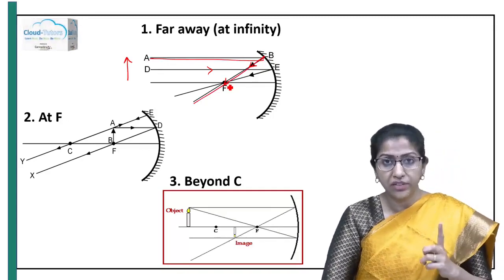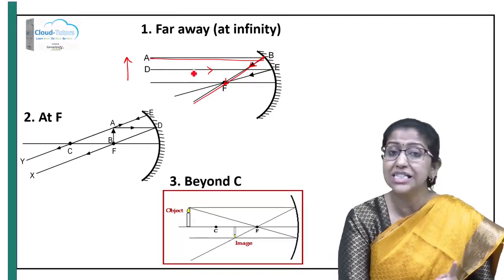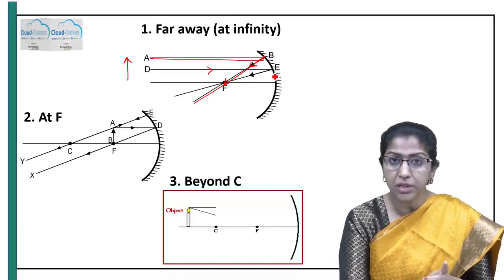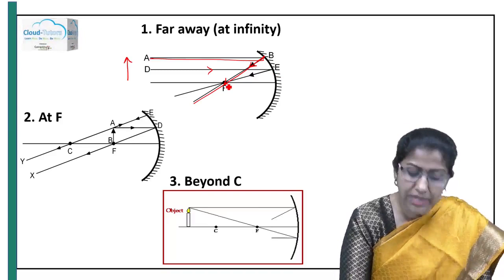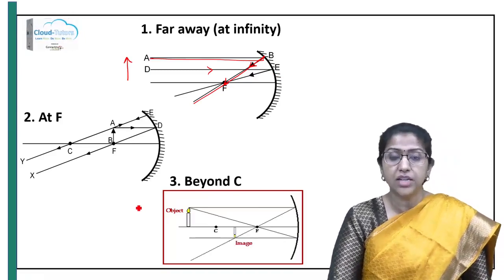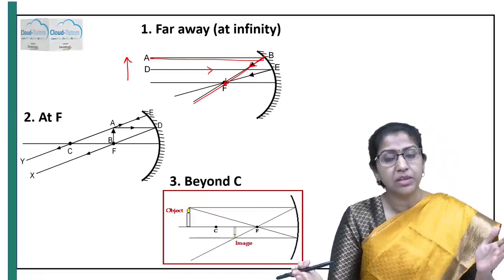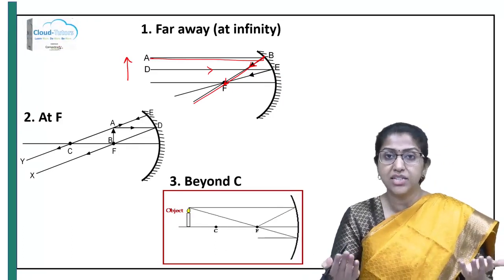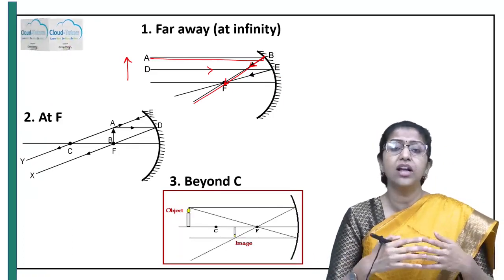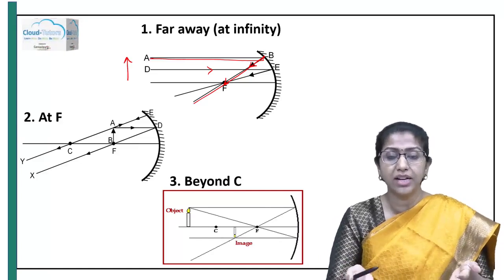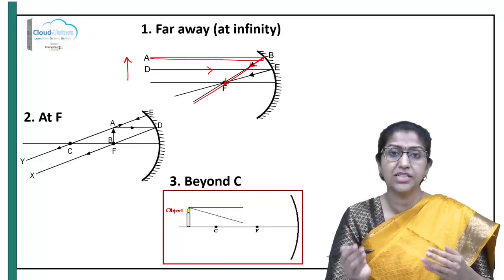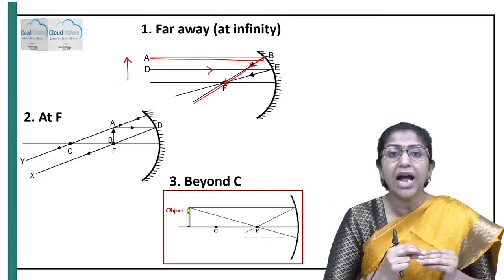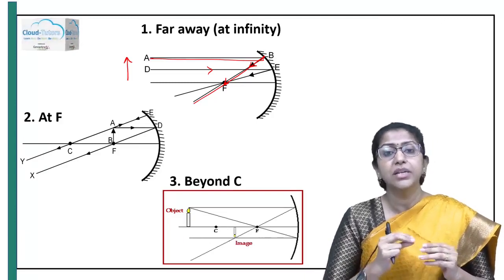This is one ray for convenience. Another one, we take the same kind of ray which is parallel to the principal axis, that is also passing through the principal focus. So as many rays as possible, if they are incident on the reflecting surface, that is a concave mirror here, even though there are billions and millions of parallel rays which are hitting the surface, they all converge at a single point, that is the principal focus.